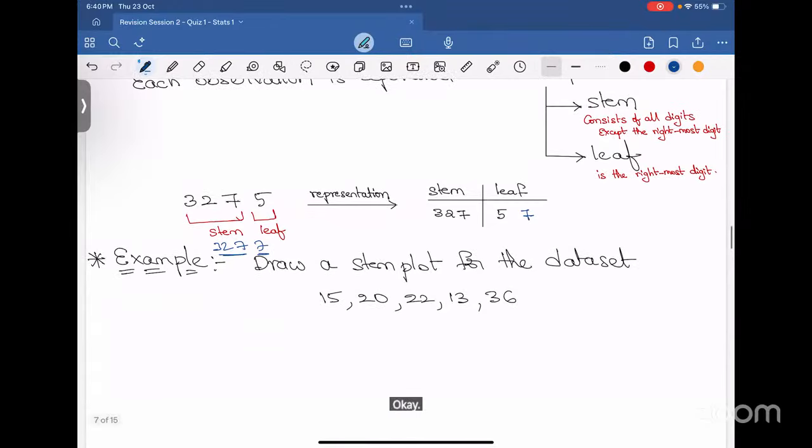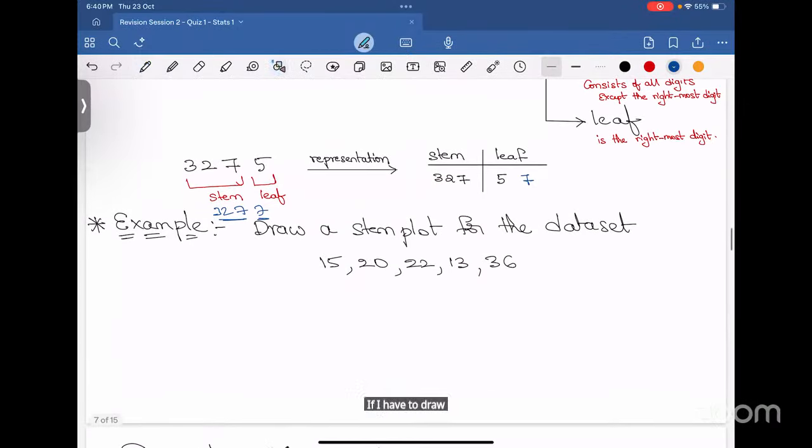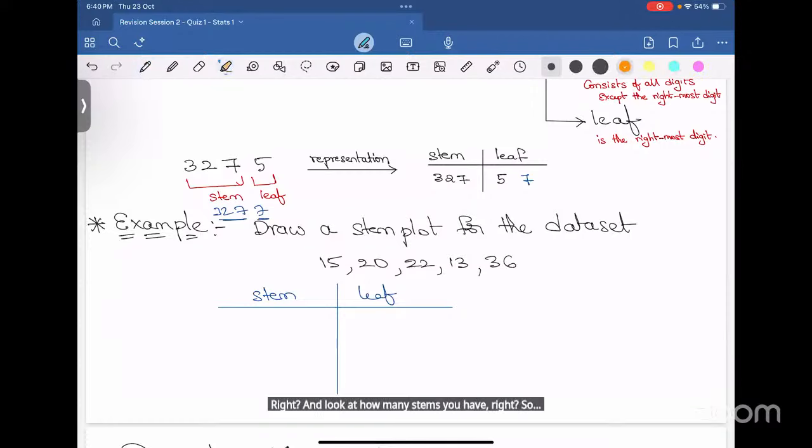Right, let's say we have a simple data set of 5 observations. If I have to draw a stem plot for this, first of all, I'll have stem and leaf, right? And look at how many stems you have. So 1 is the stem and 5 is the leaf here.